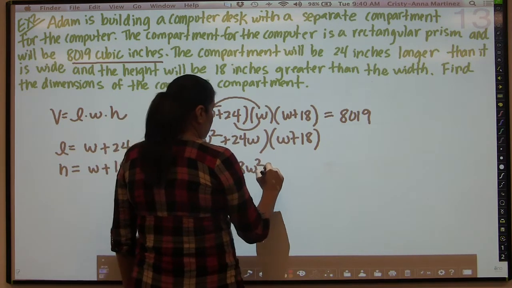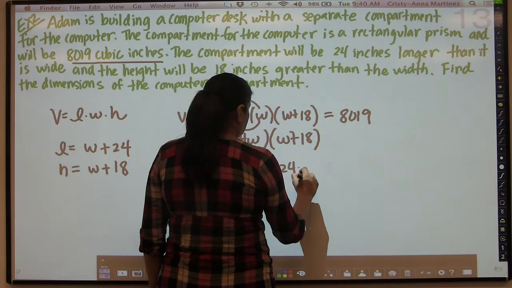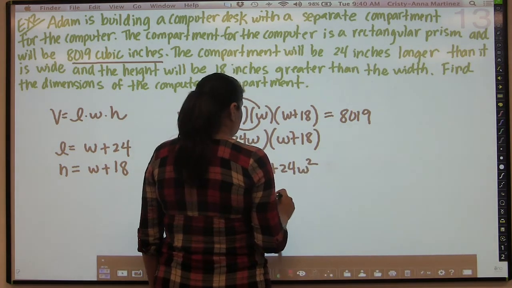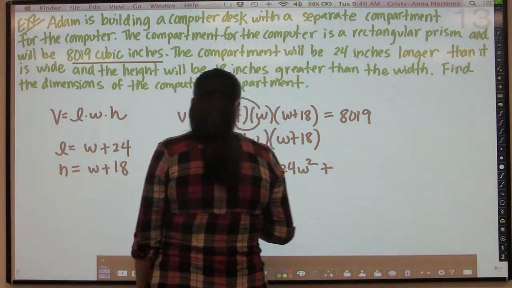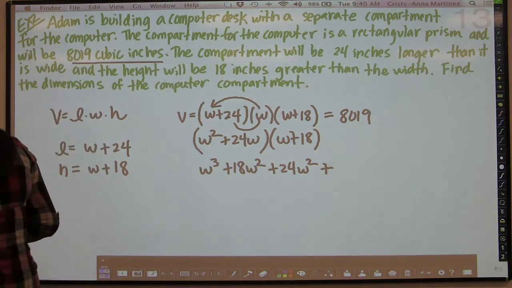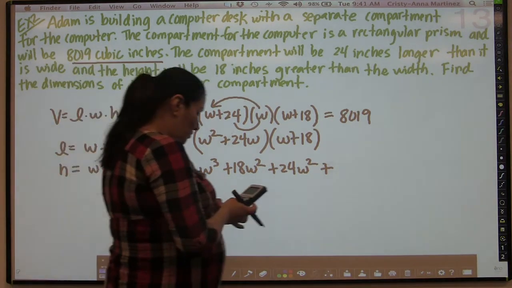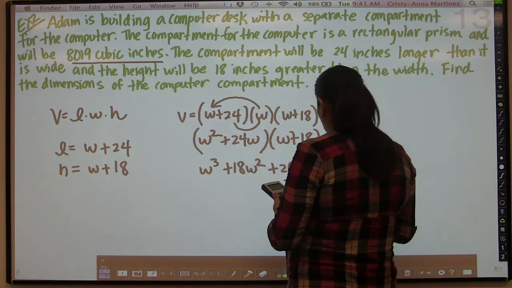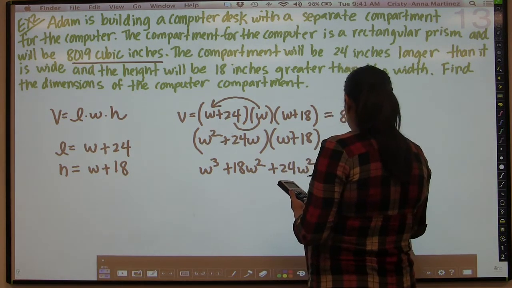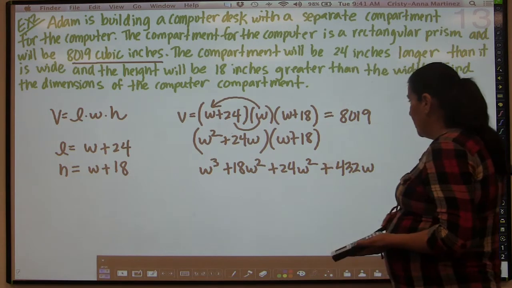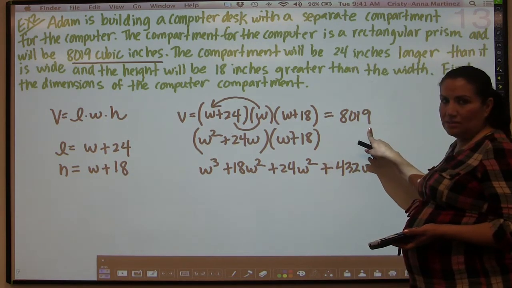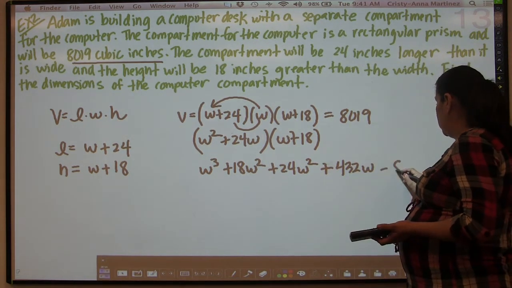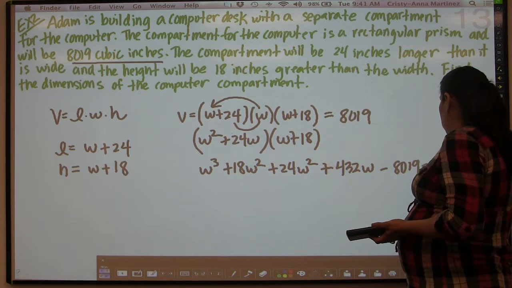Inside times inside is plus 24W squared. And then last times last is 18 times 24W. And I don't even know what 18 times 24 is, but I'm sure my calculator does. 18 times 24 is 432W. And then lastly, I want to bring this 8,019 to the other side. So minus 8019 equals 0.